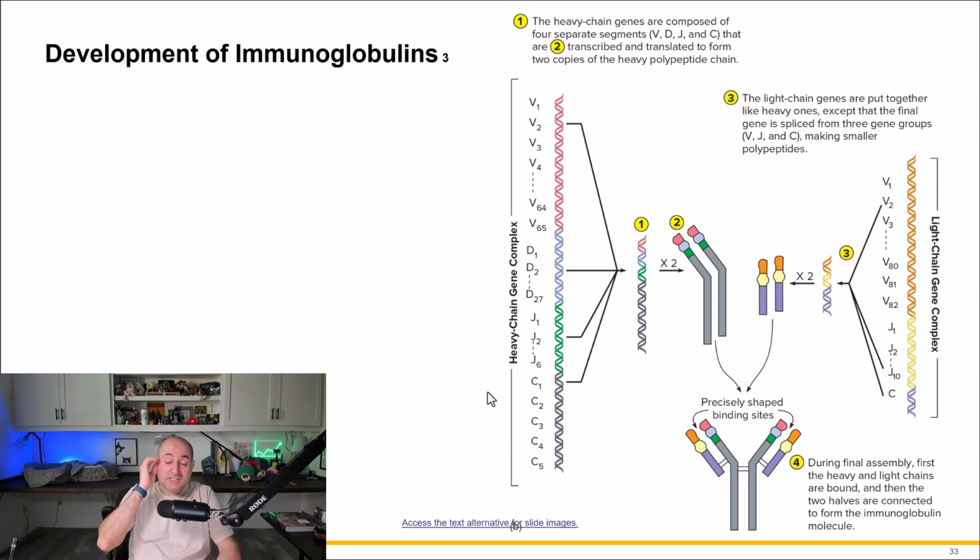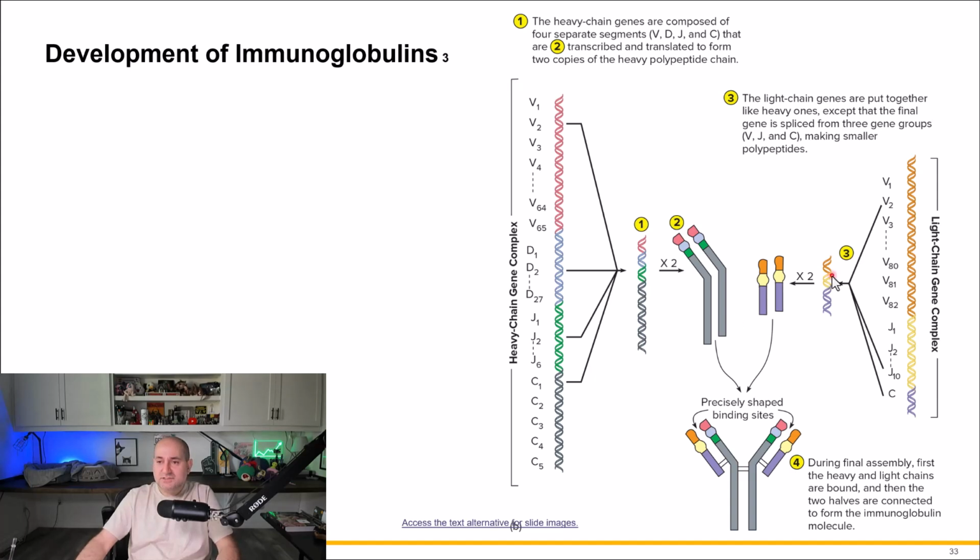So when a B cell is being formed, it picks one of the variable regions, one of the diversity regions, one of the joining regions, and a constant region. And that's what gives rise to the protein.